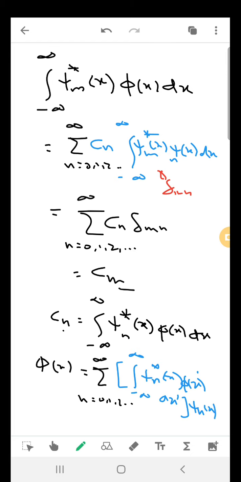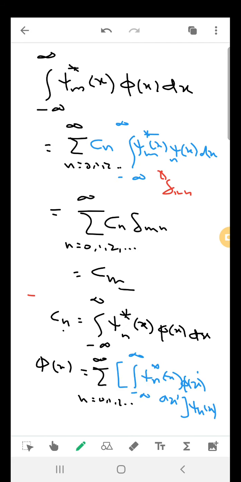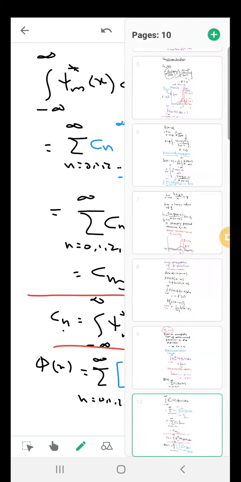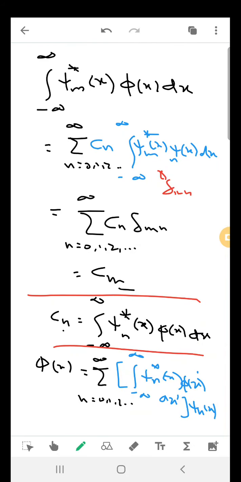But when we are just putting the value of Cn, this value that we obtained, into this equation that we obtained, just transferring the value here, we are getting this value of psi x.